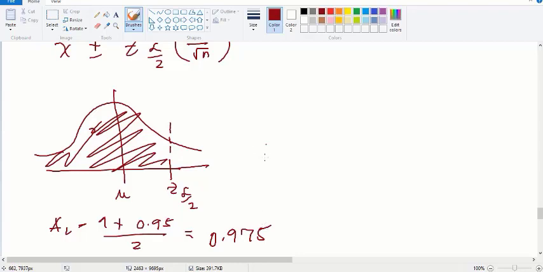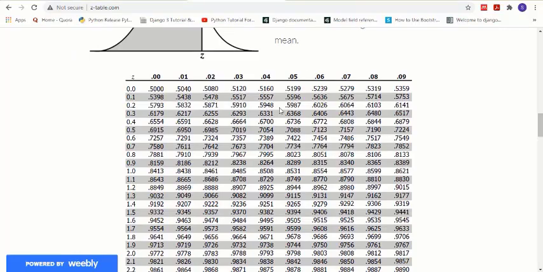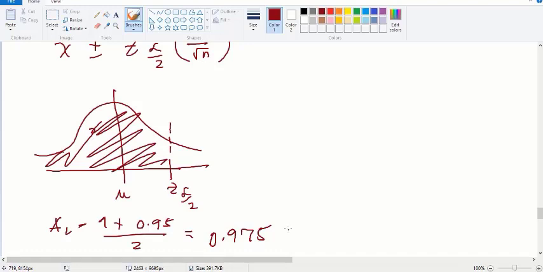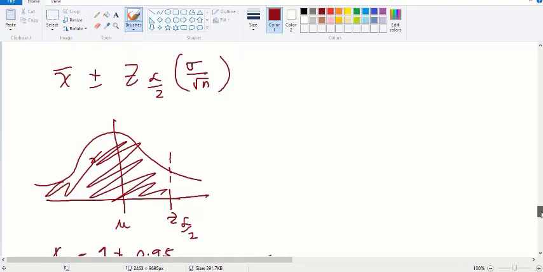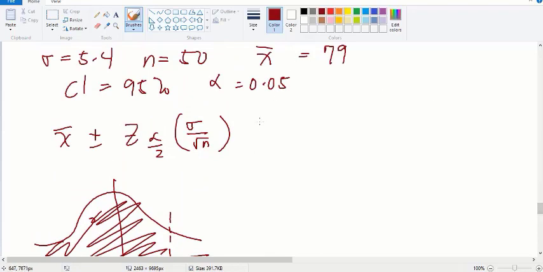0.975. And then, we go back to the table and look for 0.975. Okay. Here. So, 1.9 and then, okay. So, the corresponding Z of this is 1.96. So, going back here, we just put that in. So, 1.96 times 5.4 over square root of 50.